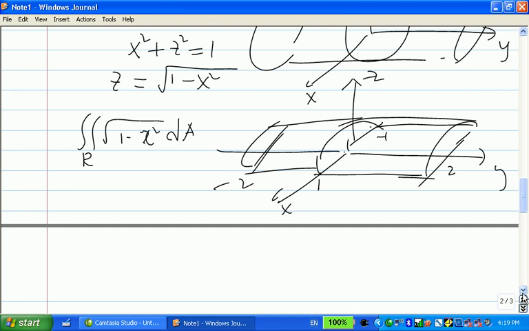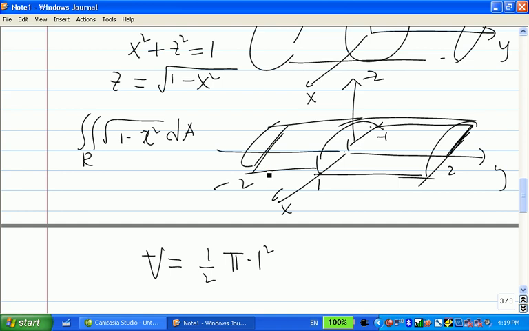To find this, the cylinder from y equals -2 to 2 is what? The base area, right? This circle, the volume there is pi r squared, radius is 1, so pi times 1 squared. That gives you a whole circle, we only have half of that.